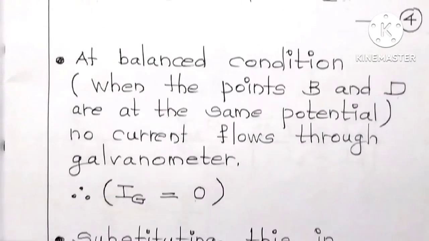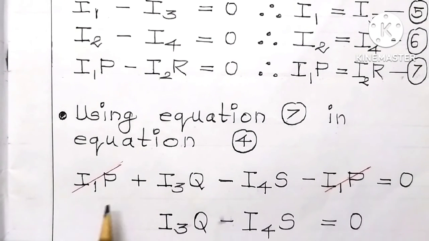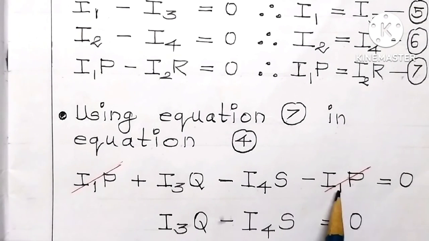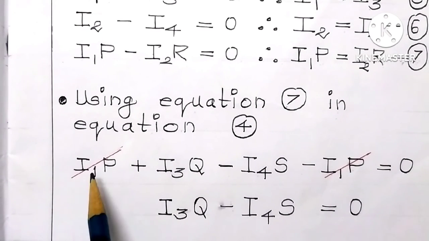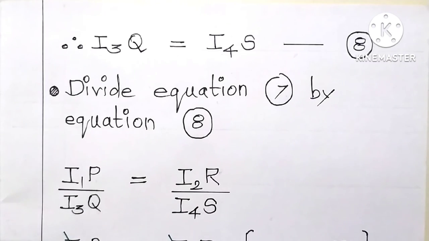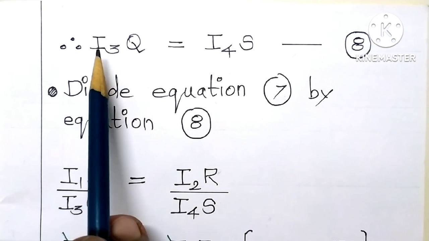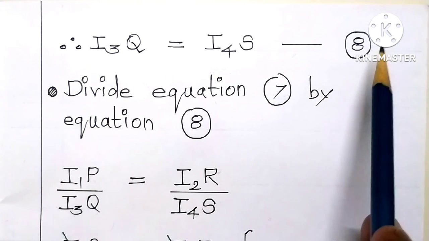So I get the equation like this: I1P plus I3Q minus I4S minus I1P is equal to 0. Here the plus I1P and minus I1P get cancelled. So I get I3Q minus I4S is equal to 0. Therefore, I3Q is equal to I4S. Let it be equation number 8.